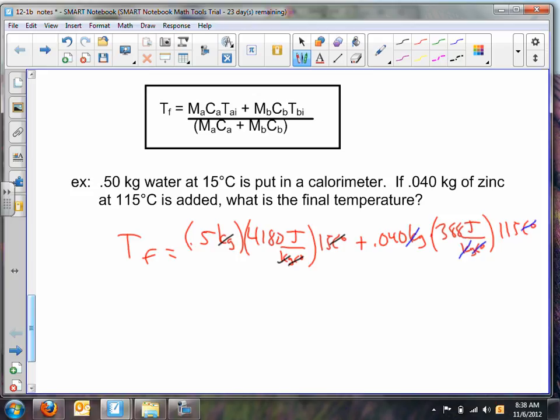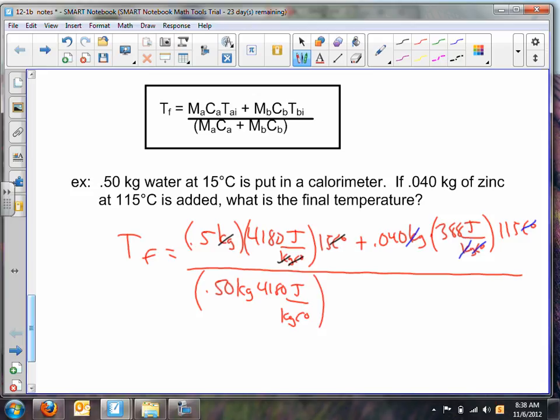We're left with joules there, divided by the first mass, which was 0.50, times its specific heat, 4180 joules per kilogram Celsius degree.